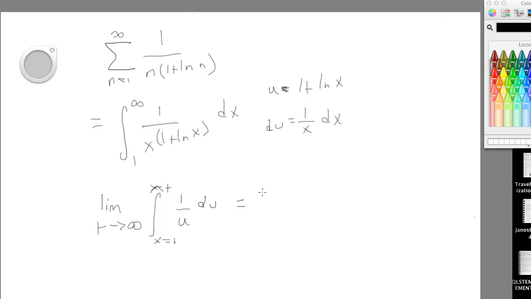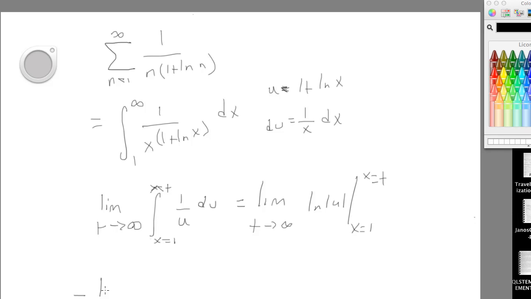And so this is the limit as t goes to infinity of the natural log of the absolute value of u from x equal 1 to x equal t.